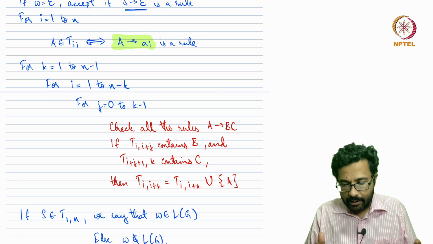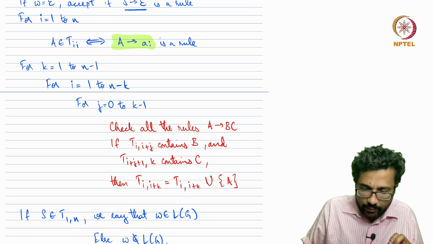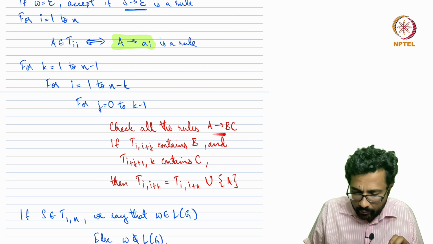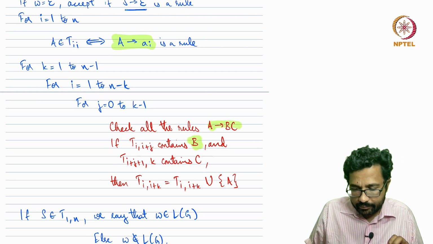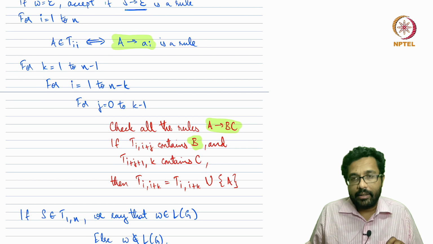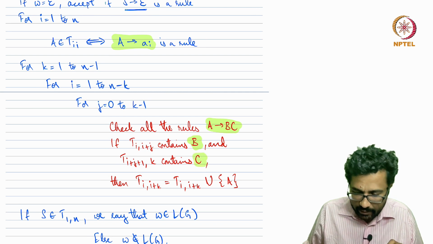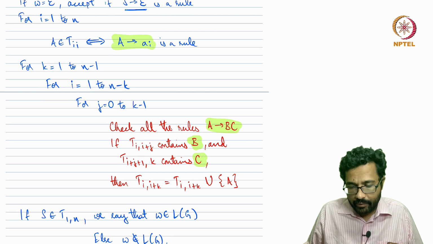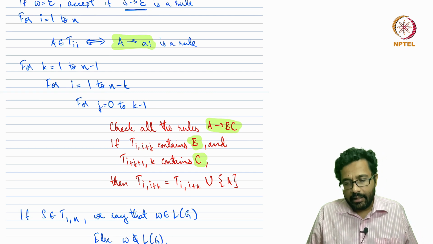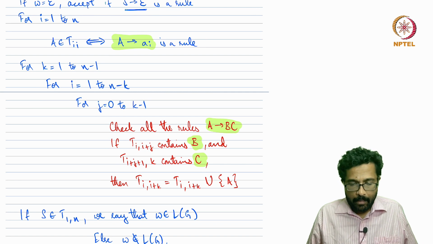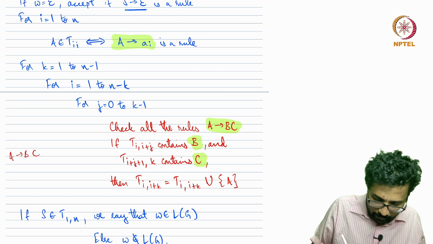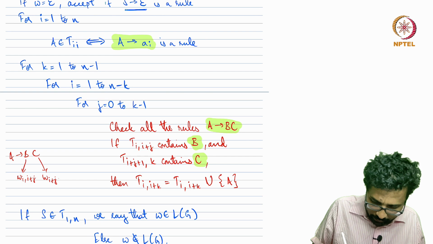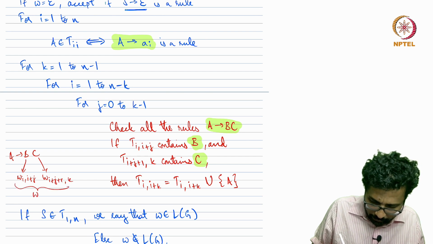Now for a specific such split, we check all the rules A, B, C. A gives BC, and we check if T(i, i+j) contains the variable B, and T(i+j+1, i+k) contains the variable C. If this happens, we know that A gives BC, and the first part of the substring is generated by B and the second part is generated by C. So A gives BC, and B generates w(i, i+j), C generates w(i+j+1, i+k), and together they equal w(i, i+k).